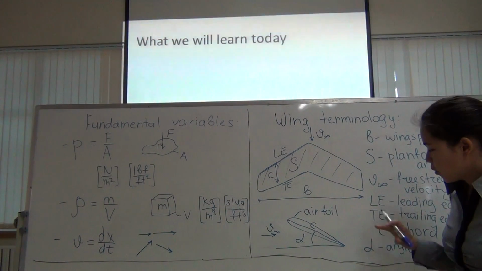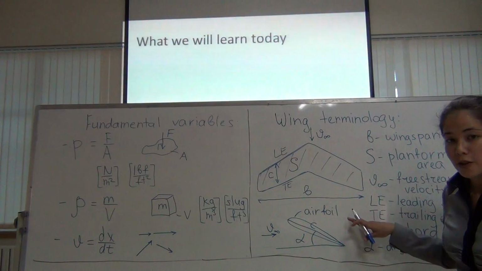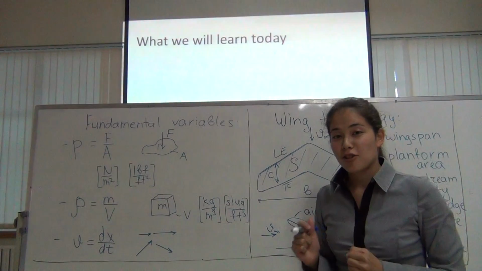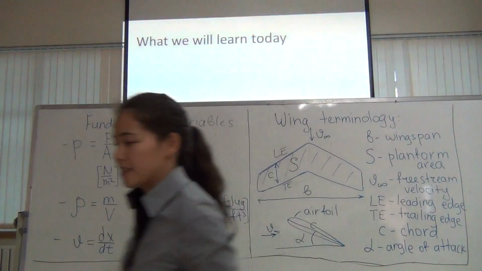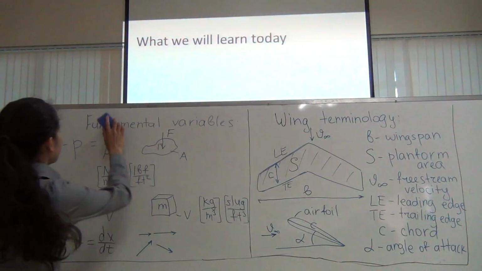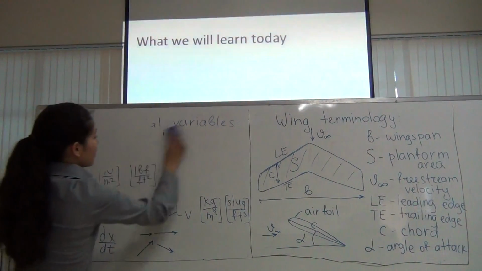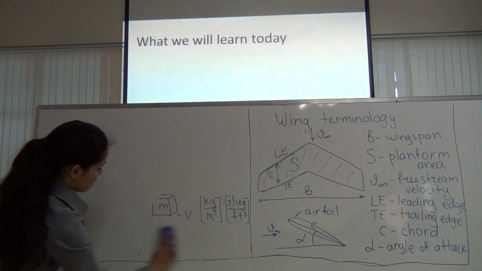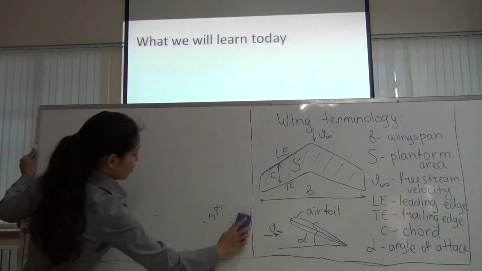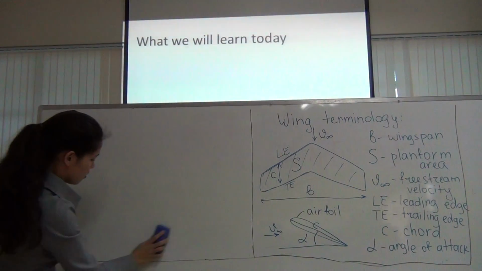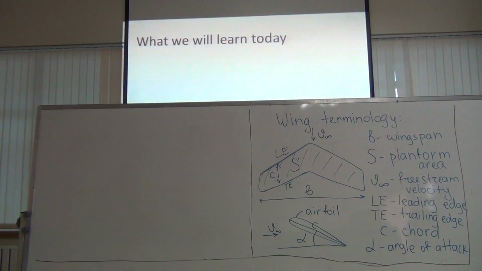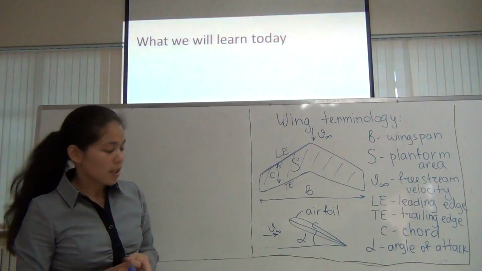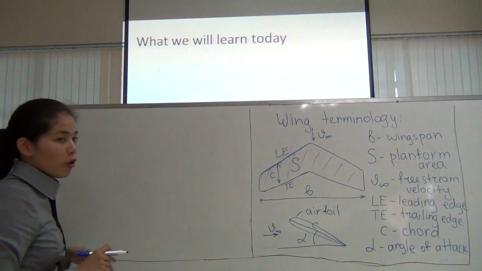Alright, so this will be good enough for today's lecture for wing terminology. Now let's actually learn why the wing flies. Let me erase this part now. So in order to understand why wings fly, let's start with an airfoil in the wind tunnel.